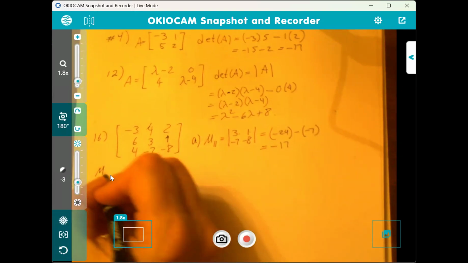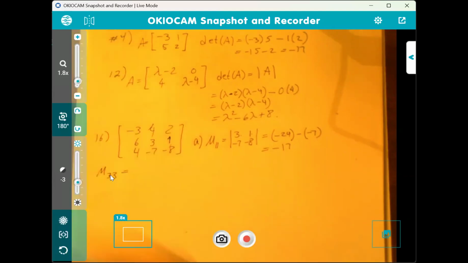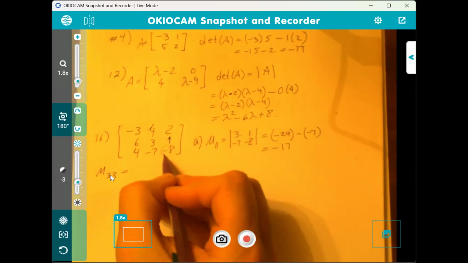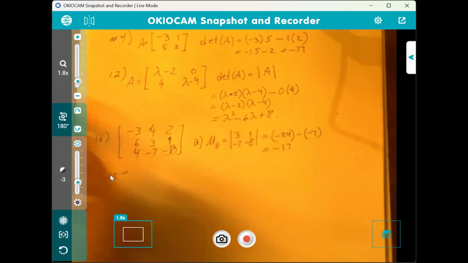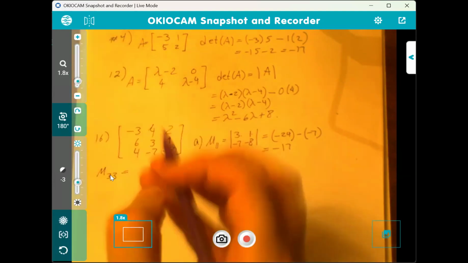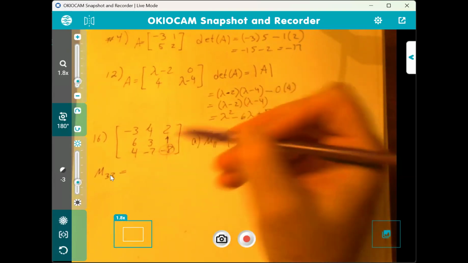Okay, so we're doing M3, 3. That means the minor of the element in the third row, third column. So that would be negative 8. We are about to find the minor of negative 8 in this matrix, so we delete the row and the column in which it appears.